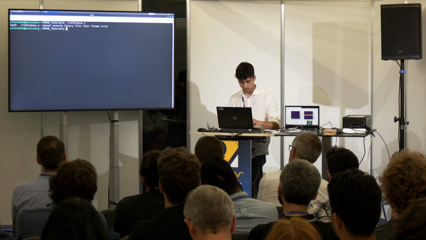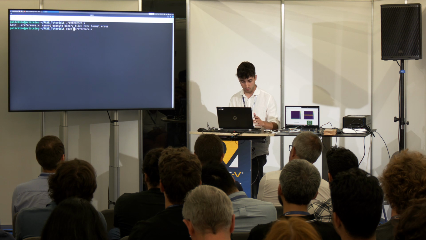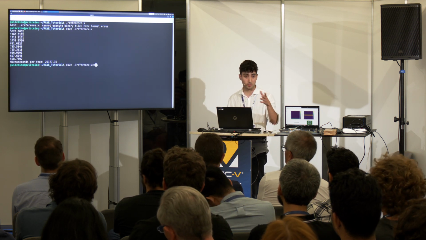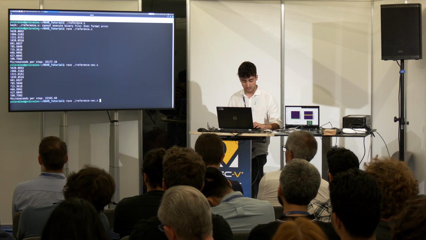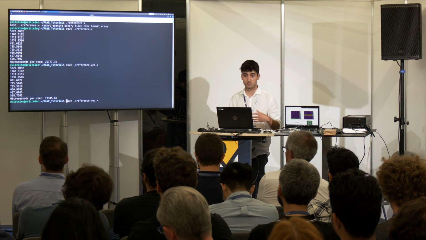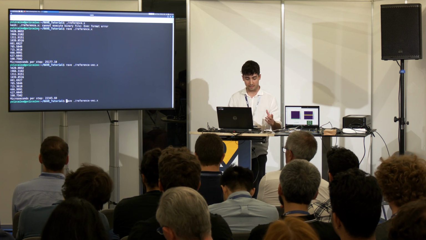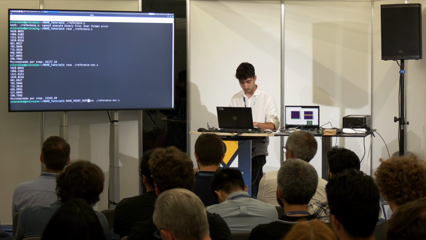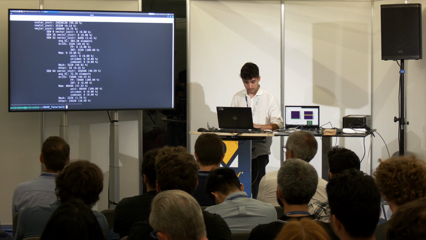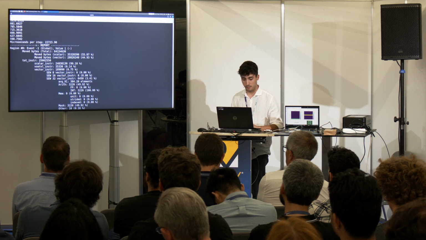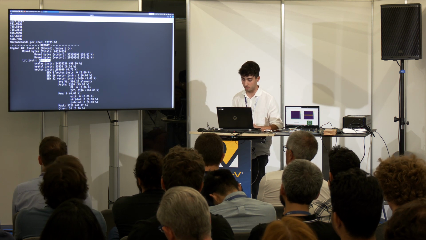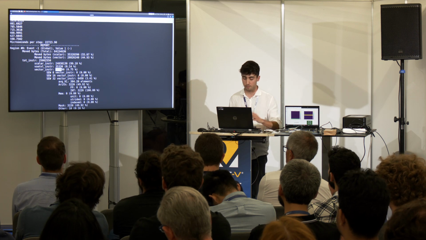So again, in my laptop, I can use RAVE, and the code runs. I can run the vectorized code. Again, it runs. But the most important part is that you can trace your application and analyze it. So for example, if I put here RAVE print report, I get, at the end of the execution, a report which counts the number of instructions that are executed, and how many of those are vector.